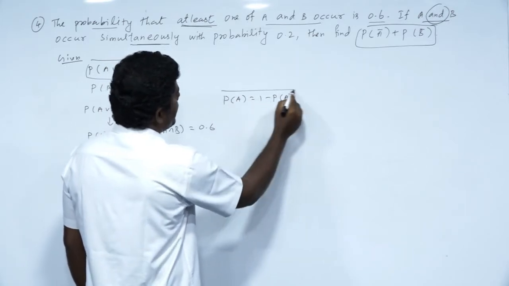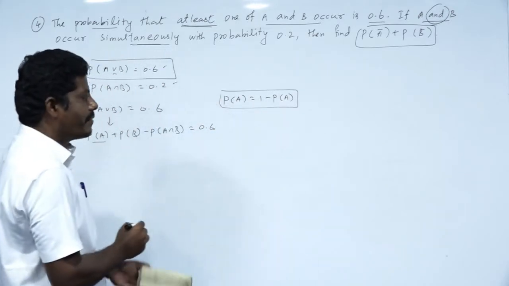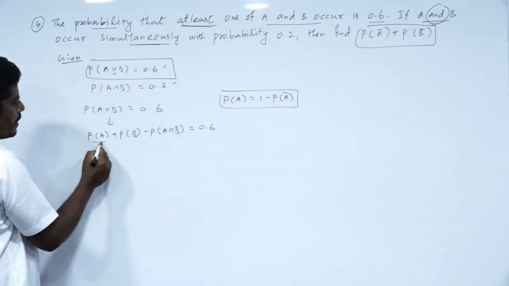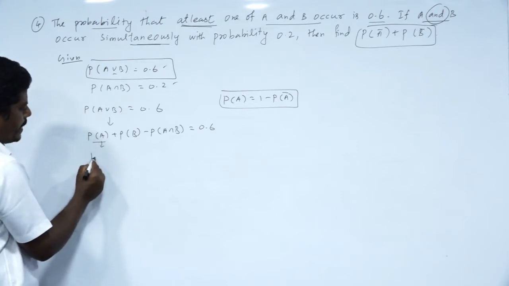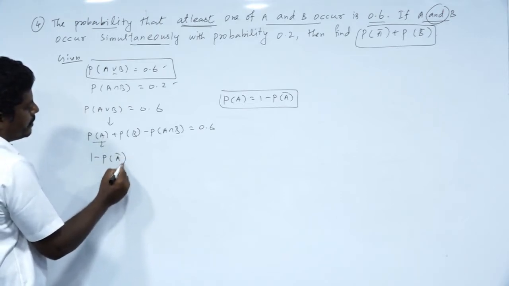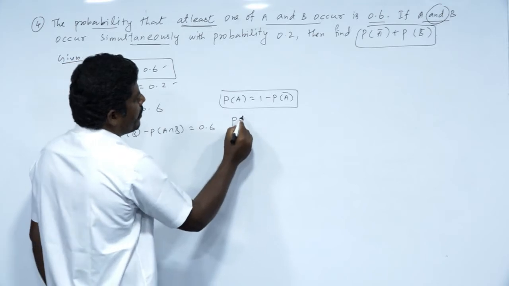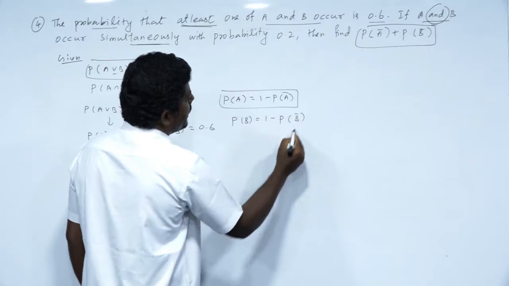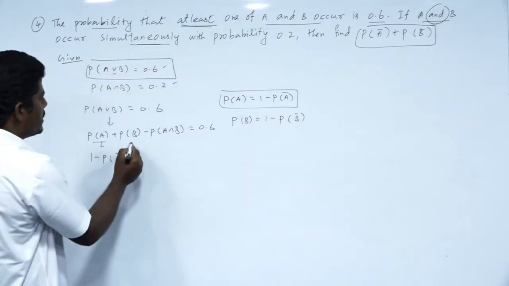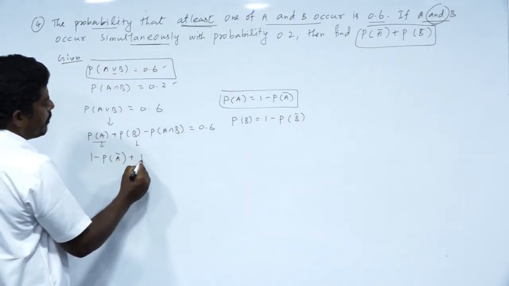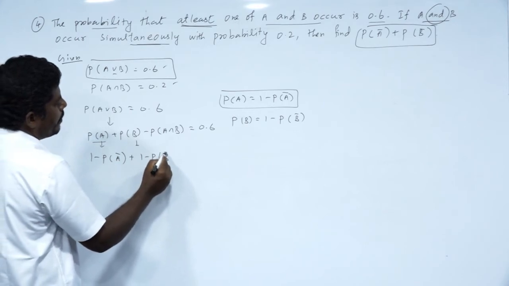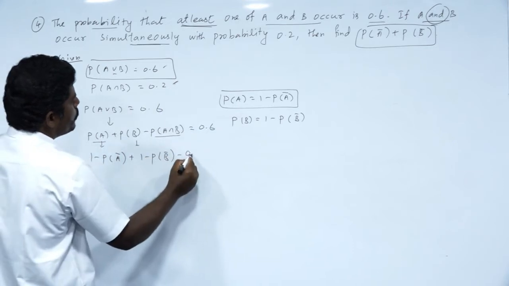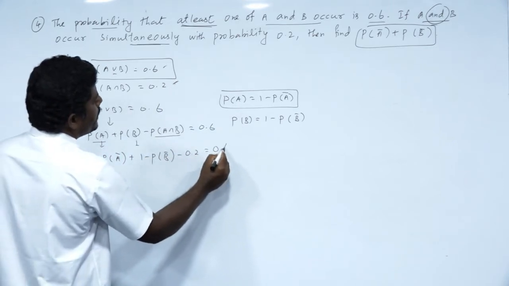We know that probability of A is equal to 1 minus probability of A bar. Instead of probability of A, we can take 1 minus probability of A bar. Similarly, probability of B is equal to 1 minus probability of B bar. So instead of probability of B, we take 1 minus probability of B bar, minus probability of A intersection B, whose value is 0.2, equal to 0.6.